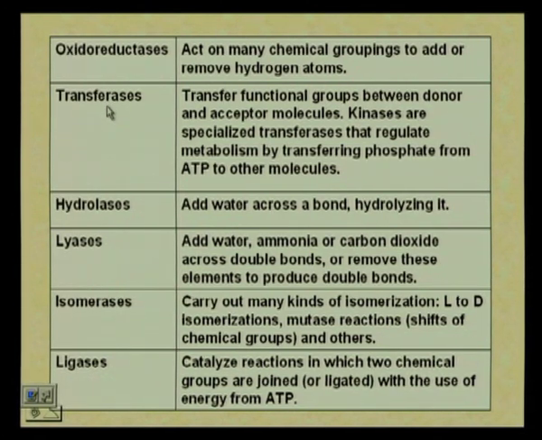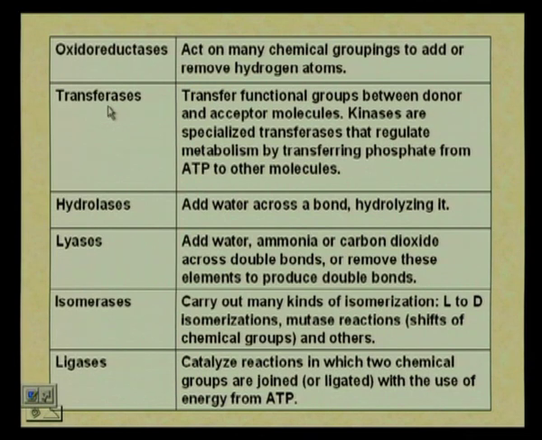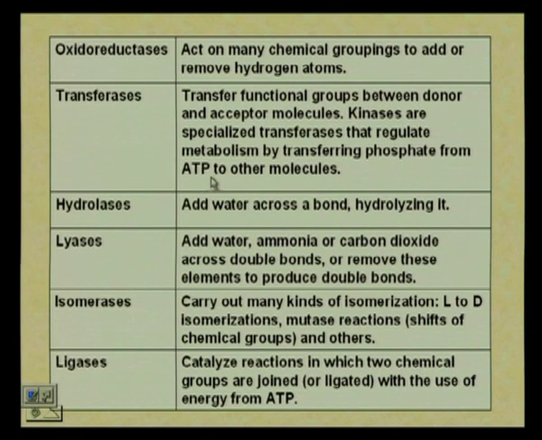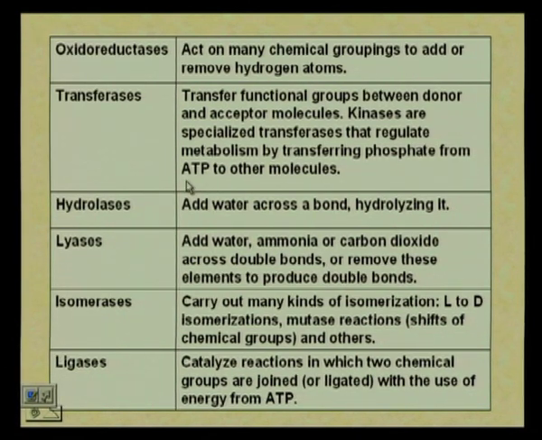We have a special name for groups that transfer phosphate. They are called kinases. Later on, when we do bioenergetics, you will see how kinases are extremely important in the transfer of phosphate from ATP to other molecules, because ATP is our currency of energy.